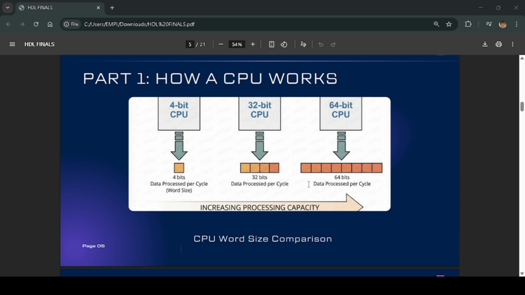Size matters because a larger word size allows the CPU to handle more data per operation and represent vastly larger numbers. A 32-bit word can represent over 4 billion values, and critically, access exponentially more memory. So the move from 4-bit to 64 bits is a direct map of computing's expanding ambitions.